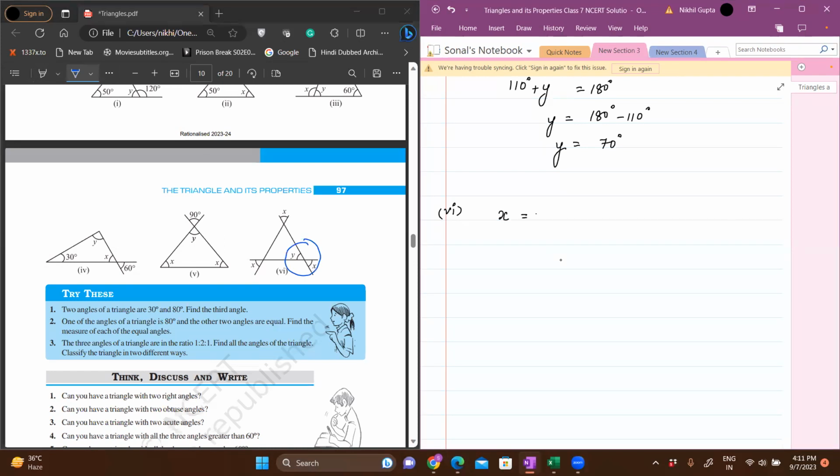Angle x will be equal to y because of vertically opposite angles. Now all the angles will be x only. This will be x. This will also be x, right? So all the interior angles of the triangle will be x.